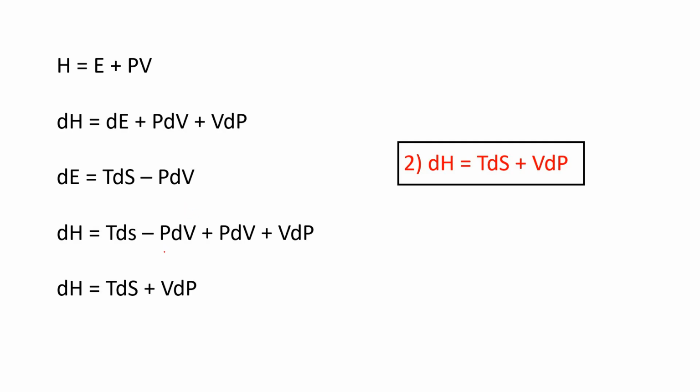The PdV terms cancel, minus and plus. So what is left over? dH is equal to TdS plus VdP. So our second fundamental thermodynamic equation is dH is equal to TdS plus VdP.